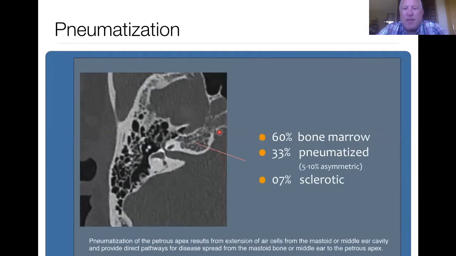Really important is to understand what is the makeup of the Petrous Apex. 60% of the Petrous Apex bones consist of nothing more than bone marrow. Another 33% are purely pneumatized, and about 5 to 10 percent of those are asymmetric pneumatization. And a very small percentage, about 7% of the Petrous bones, are sclerotic.